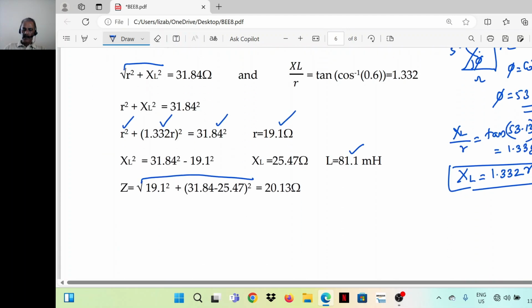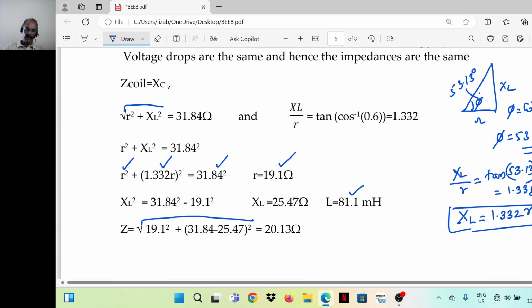And the total impedance of the circuit also we have to find out. So the total impedance of the circuit is 19.1 plus j, that is the resistance, then inductive reactance and capacitive reactance.